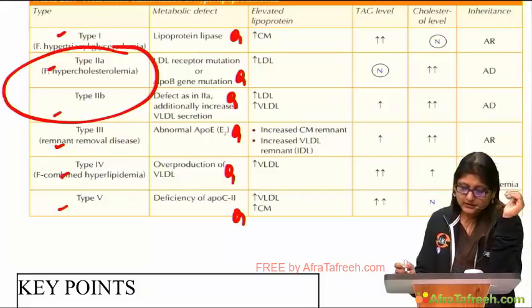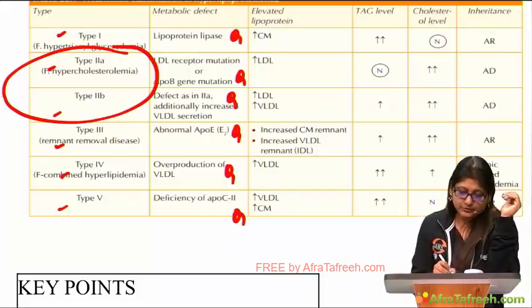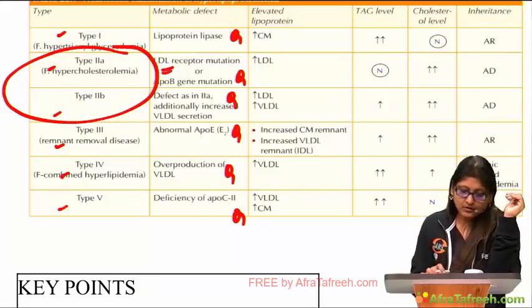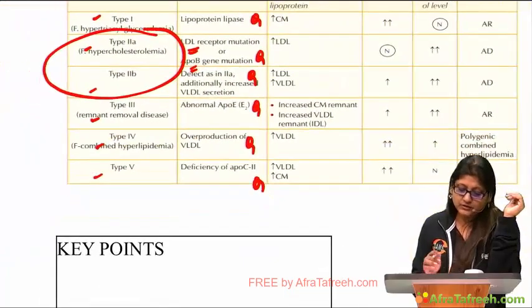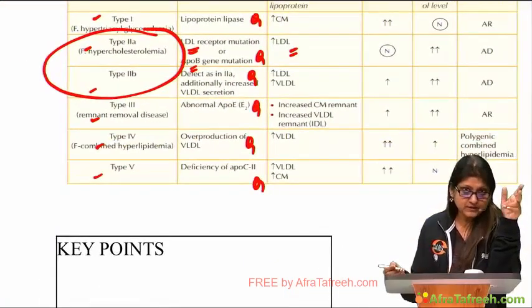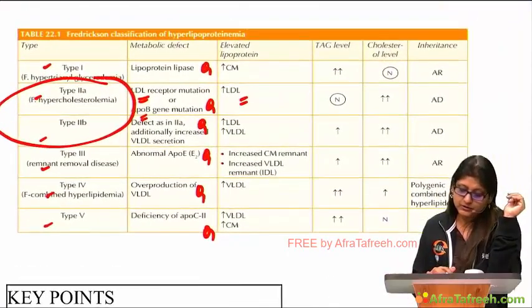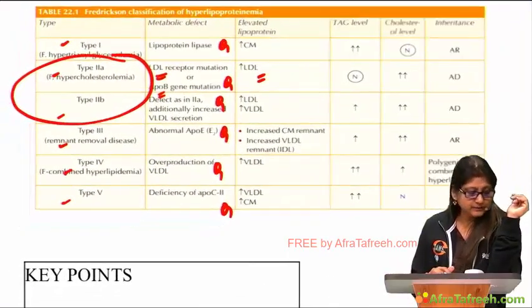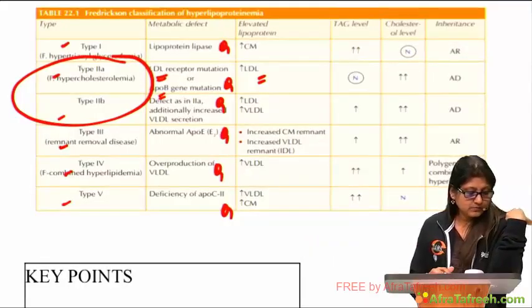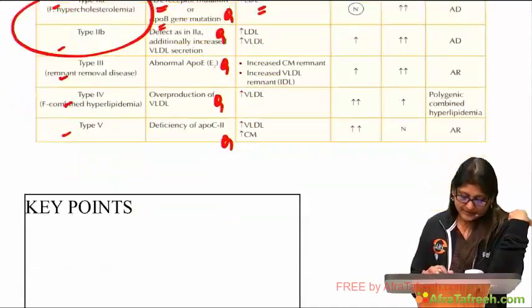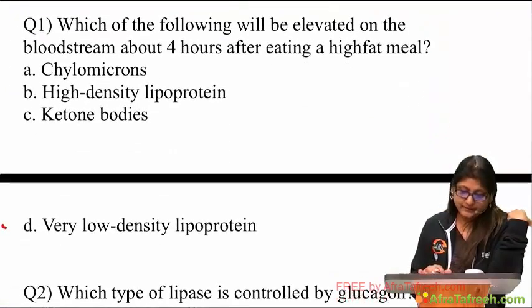So LDL is not cleared either due to receptor mutation or B100 mutation. The LDL is not getting cleared, so that is going to increase in the plasma, and that is going to increase the cholesterol level in the lipid profile. Very good, very good. Now, coming to the next point, dyslipidemia, you learn properly.